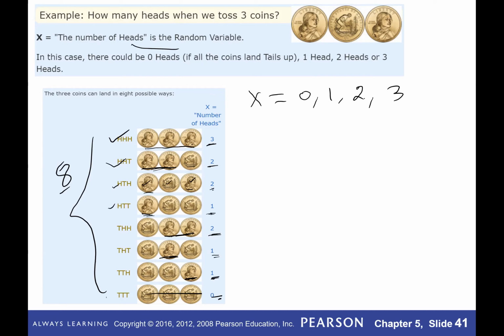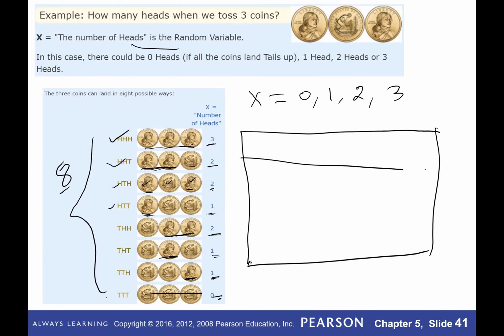So what are the corresponding probabilities? Now we'll construct a probability distribution. We need 2 columns here. The first column is for X, and the second column is the probability of X equal to x. This is the probability notation for any random variable.